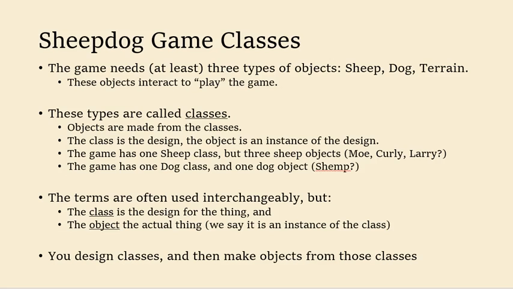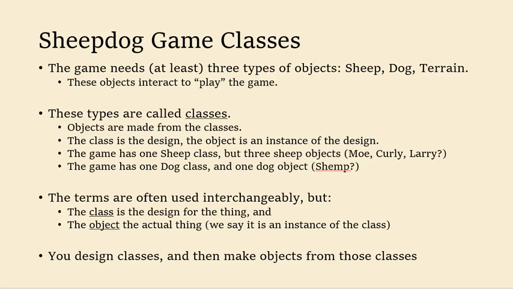The terms class and object are often used interchangeably, but technically they do mean different things. The class is the design, the object is the actual thing. So when you're doing object-oriented programming, you design classes, and then you make objects from those classes. And we'll do that quite a bit throughout the camp. So hopefully by the end of the camp, you're comfortable with this.